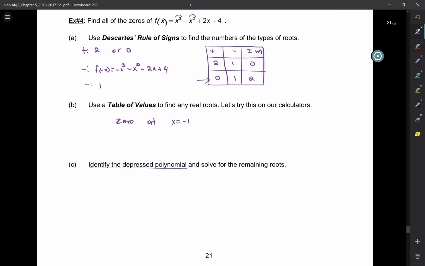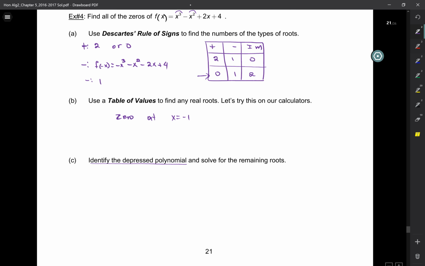Synthetic division. All right, so I just found my first 0 at negative 1. I'm going to use that to get my other factors and then to find the zeros. So here I put my coefficients, 1, negative 1, positive 2 and 4. 1 comes down, I get negative 1, negative 2, positive 2, 4, negative 4, 0.